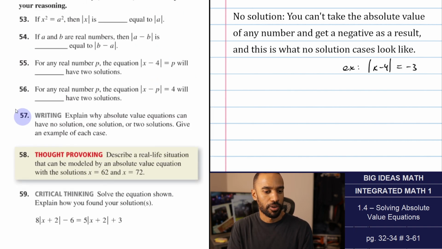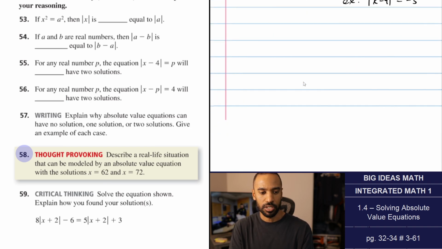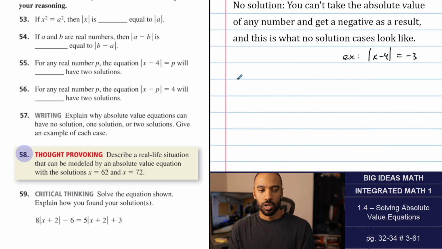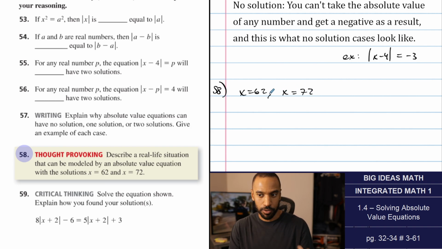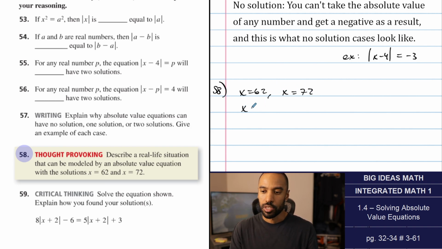All right, a few more questions. Number 58, thought-provoking. Describe a real life situation that can be modeled by an absolute value equation with the solutions x equals 62 and x equals 72. They're both 5 units away from the midpoint, so x equals 67 minus 5 and x equals 67 plus 5.